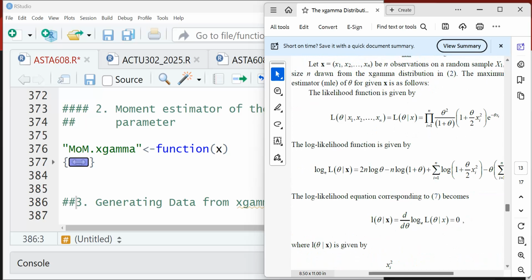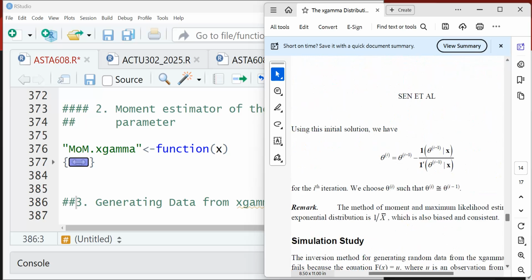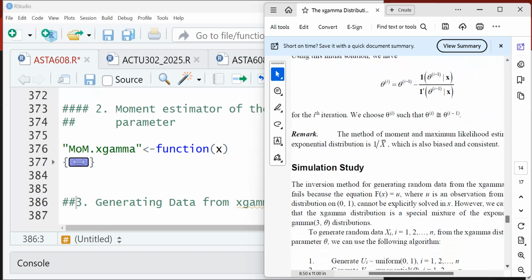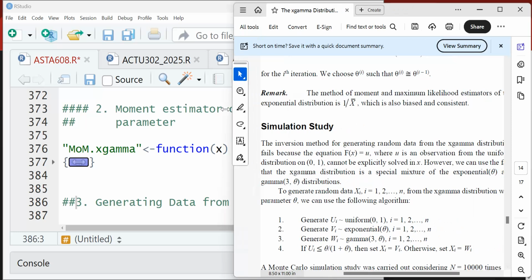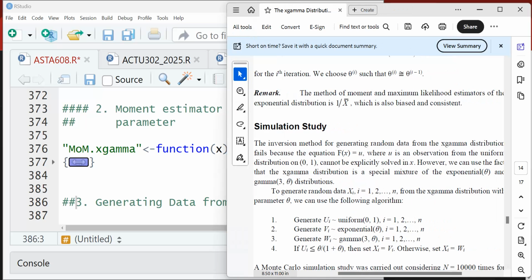Let's go to the simulation study. What we've been talking about is simulation, and this is an example. The authors propose a new distribution. They have two methods of estimating the parameter theta, either through the moment or maximum likelihood.